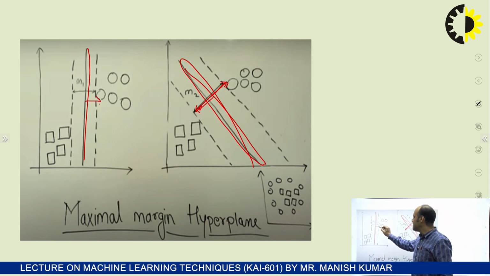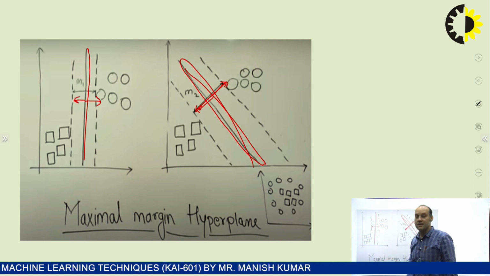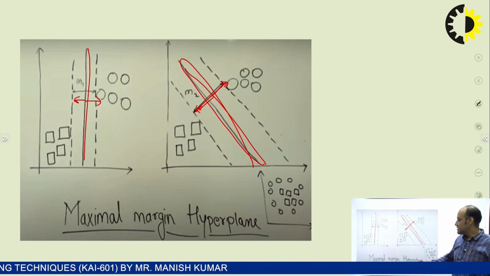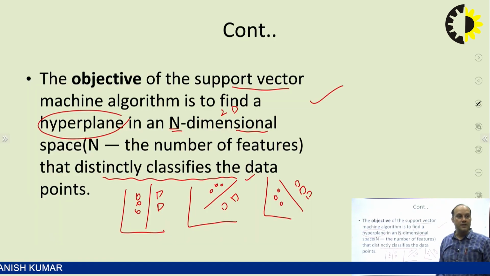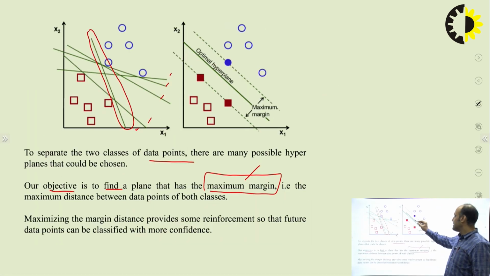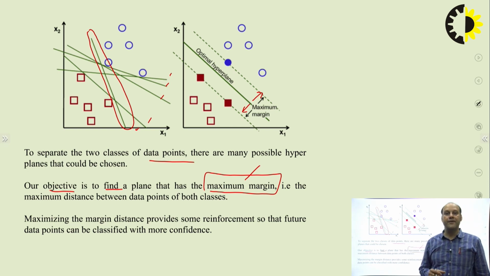The distance between both the classes is the same. So this is a maximal margin. This is called the maximal margin. Same here, this is the maximum margin. This is my optimal hyperplane. So maximum margin means maximum distance between data points of both the classes.